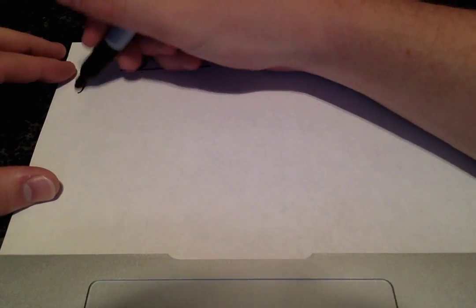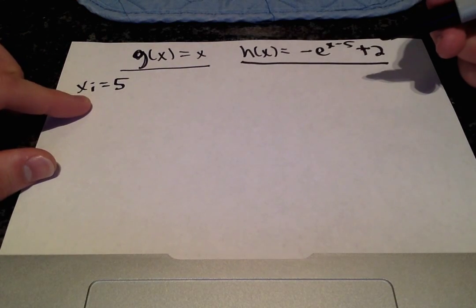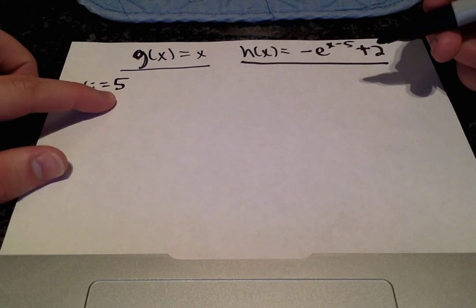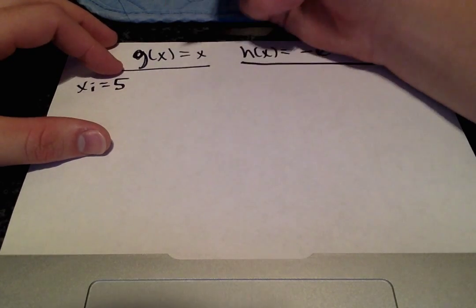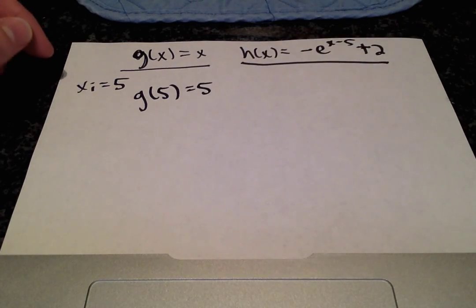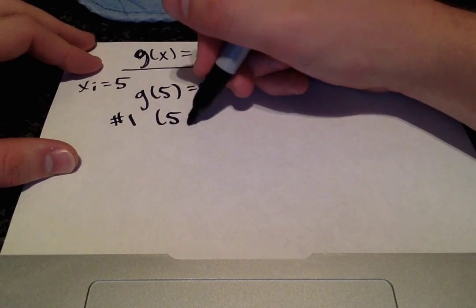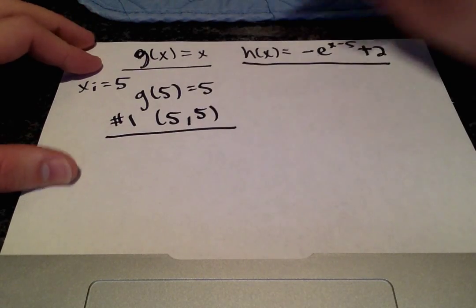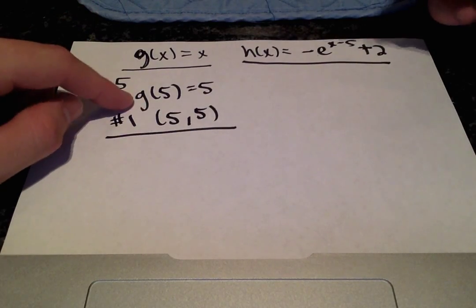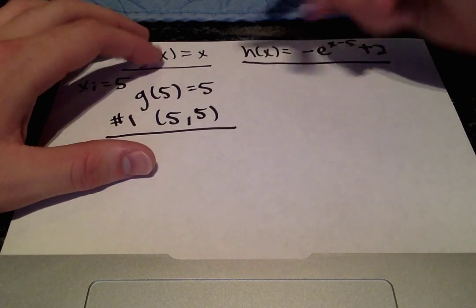And we're starting with the initial guess they gave us of x of i equals 5. So we're going to plug that into g of x. So g of 5 equals 5. So our first data point is 5, 5. Alright, and what we're going to do is substitute the result of g of x into h of x.